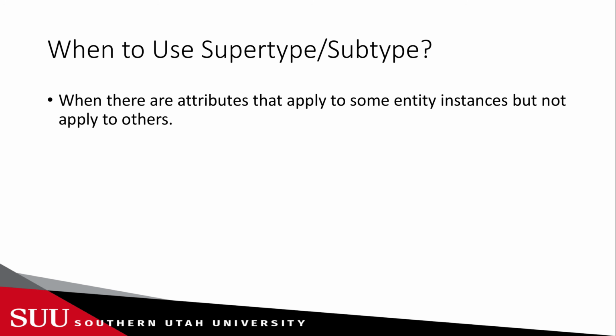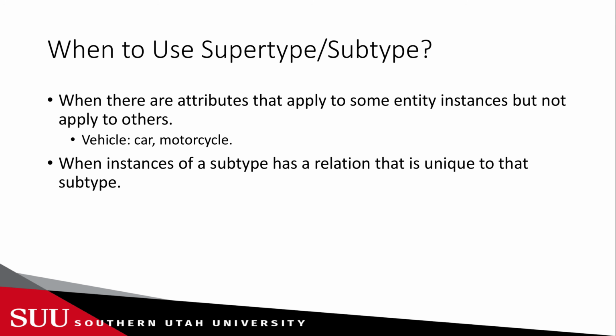When we have attributes that apply to some entity instances but not to others, and we also have some common attributes for those entity types, or when we have instances of a subtype that has a relationship that is unique to that subtype.